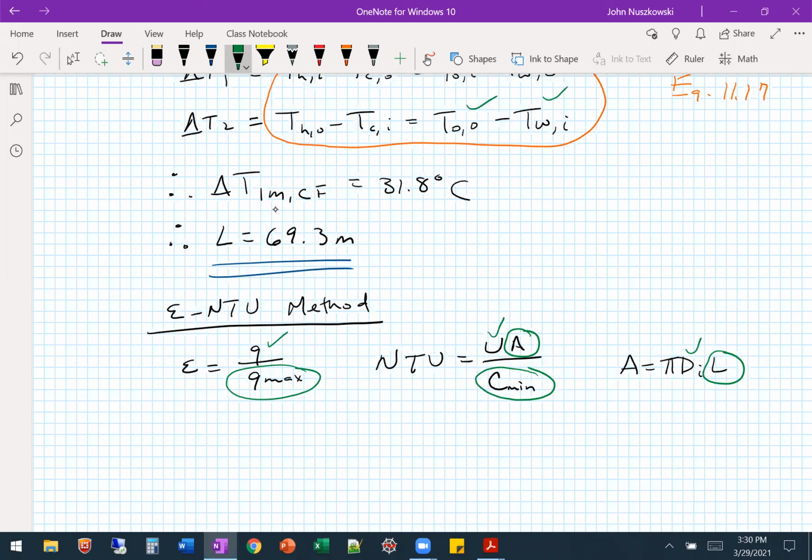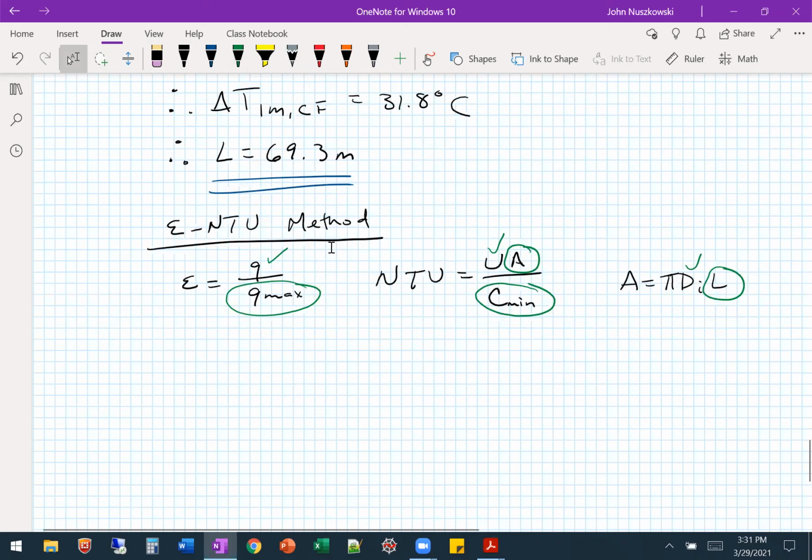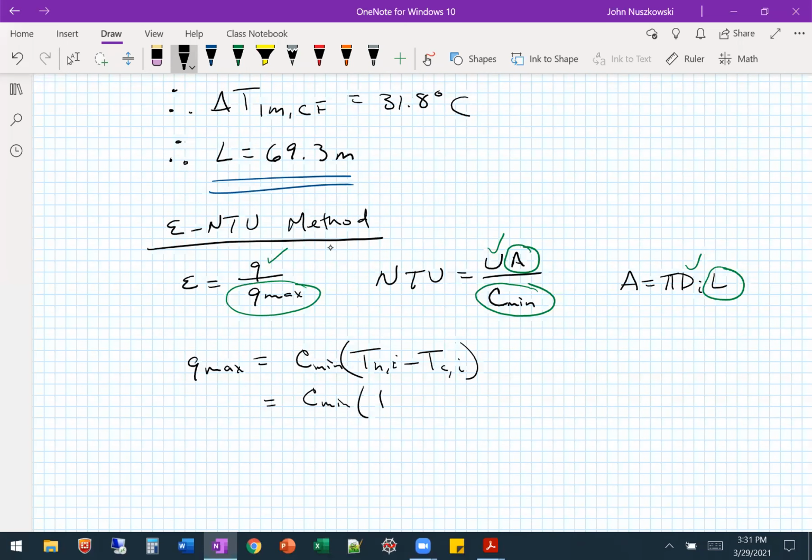Yeah, so we need to figure out effectiveness. So Q max is our minimum heat capacity rate times the hot temperature inlet minus the cold temperature inlet, which is just, in our case, the oil in, water in.